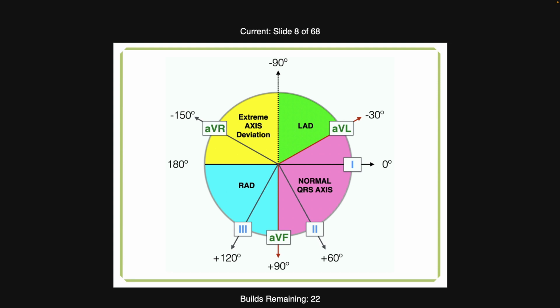Again, we've got the layout of the leads, we've got the degrees, and on top of that, we have the various quadrants. It's not quite quadrants, because you can see the normal area is bigger than a quadrant, and the left anterior deviation is smaller than a quadrant.